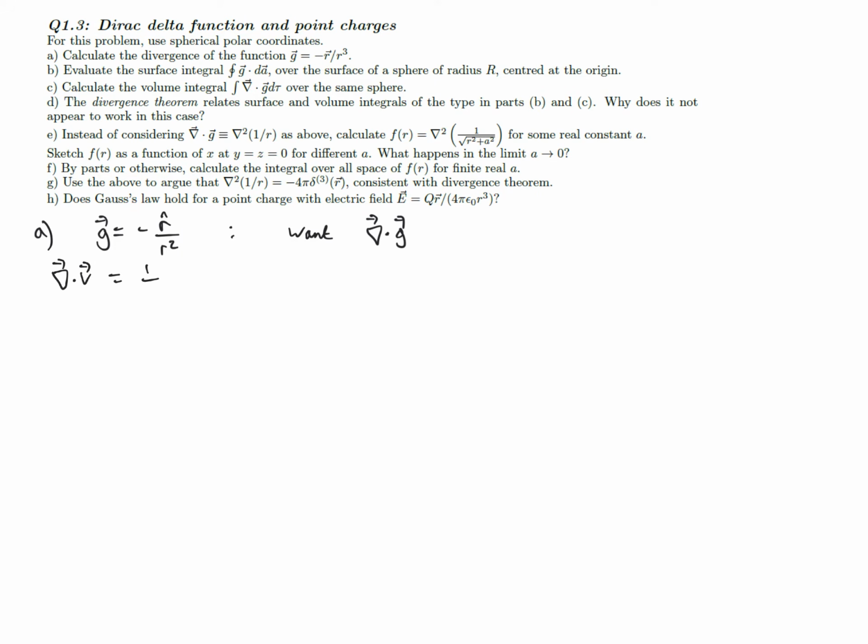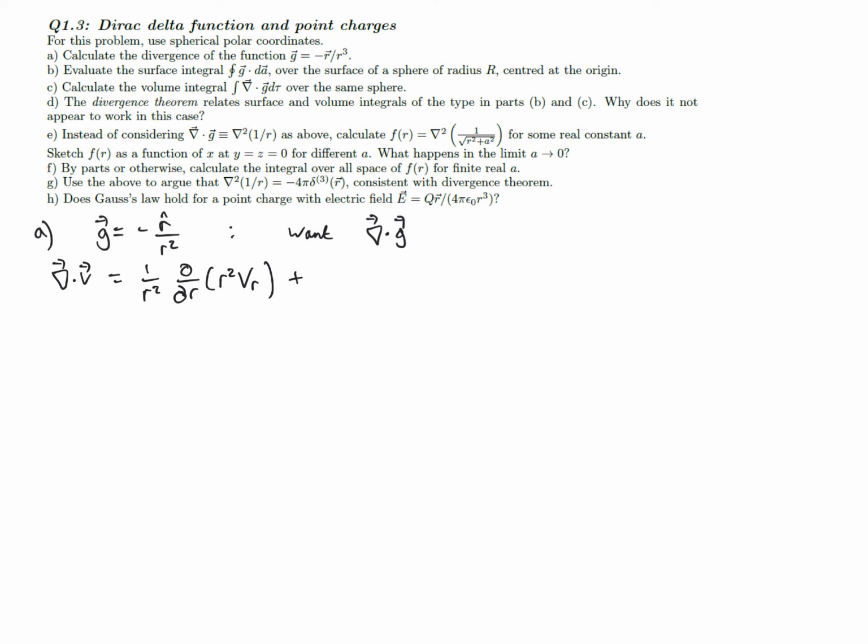You look it up, because no one would expect you to remember this. I certainly don't remember them. You find the following result: the divergence of a vector field V is 1 over r squared of d by dr of r squared times the radial part of that vector field.